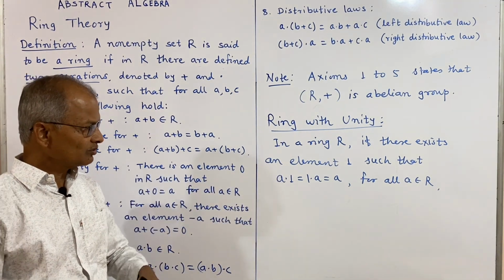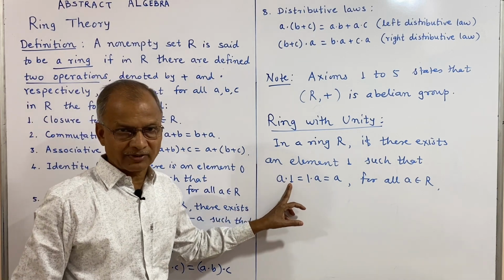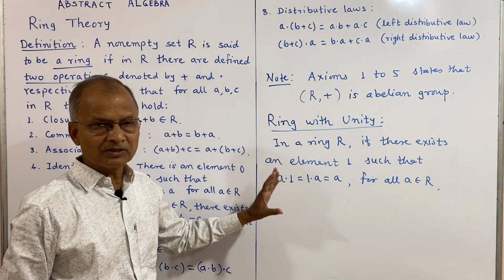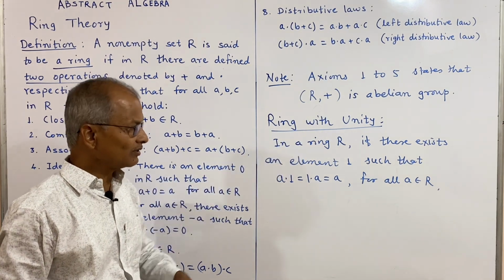We know your usual multiplication, 1 is the identity element, and that element is known as the unit element, and the ring is known as ring with unity.